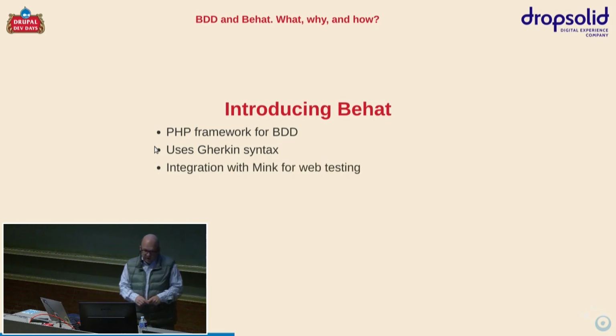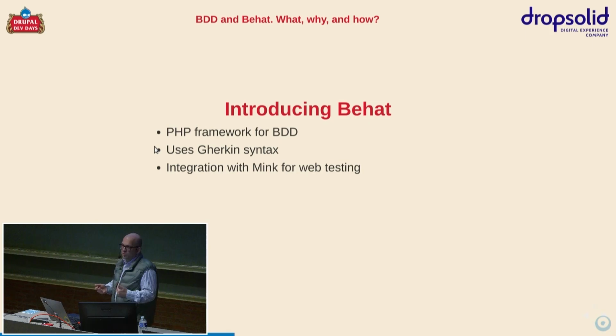What's important for us as web developers is that it uses the Mink library, also developed by the same organization as Behat. And Mink is an abstraction layer to control the browser. So there are Mink drivers for accessing plain curl, a plain command line tool for accessing the website.